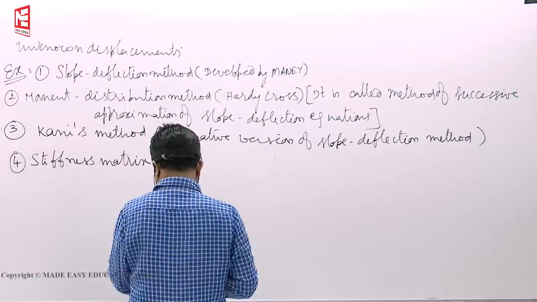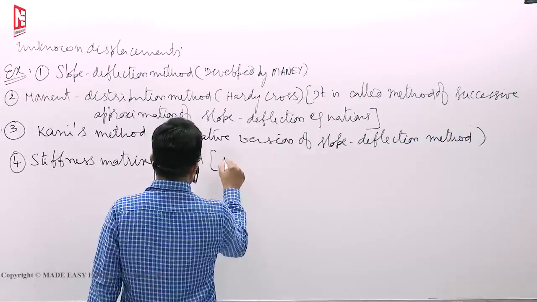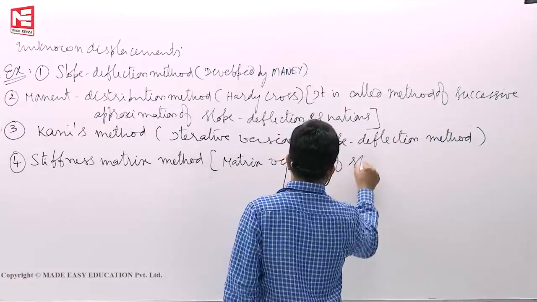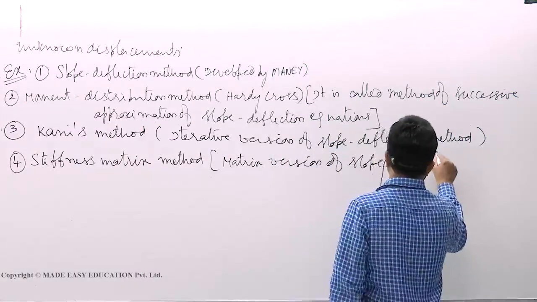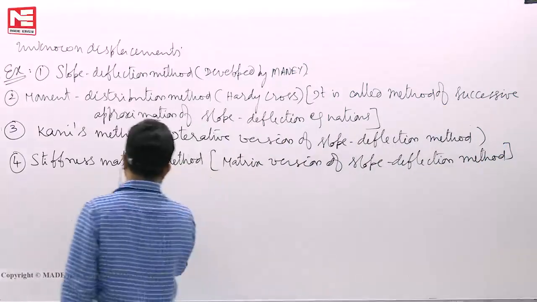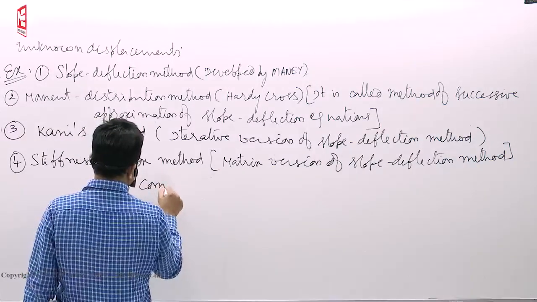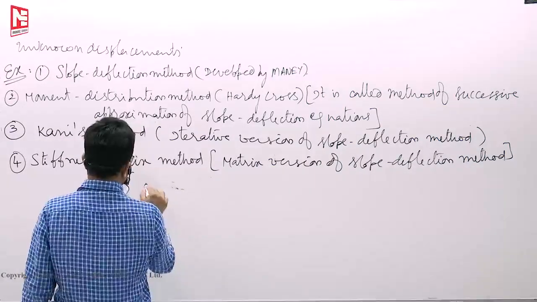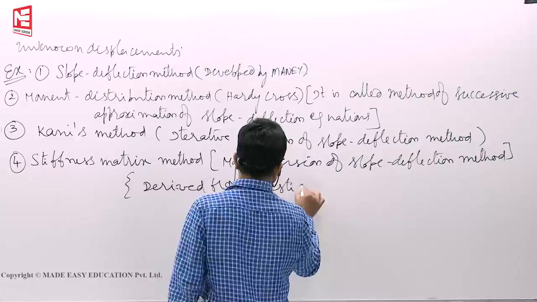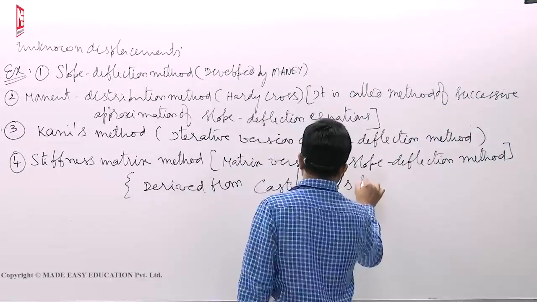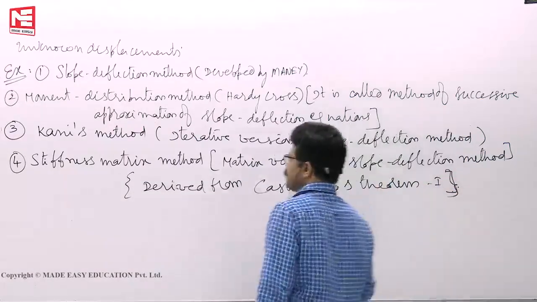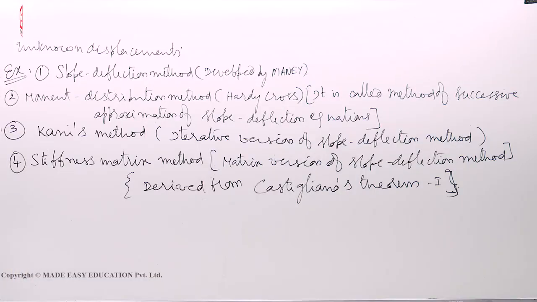So the stiffness matrix method is the matrix version of the slope deflection method. This way we can use it, or it is derived from Castigliano's theorem 1.